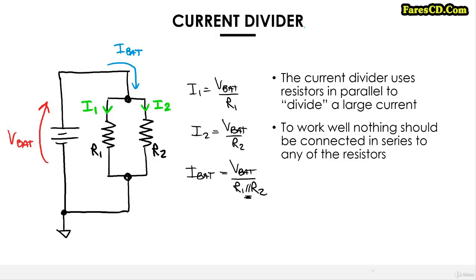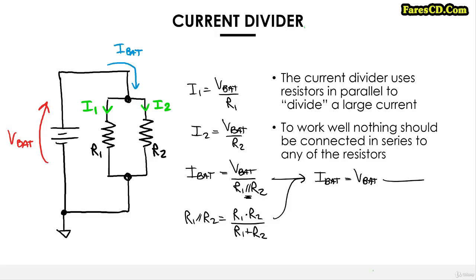The parallel between R1 and R2 is equal to R1 by R2 divided by R1 plus R2. Now, if we combine these two equations into one, we obtain that IBAT is equal to VBAT multiplied by R1 plus R2 divided by R1 multiplied by R2.